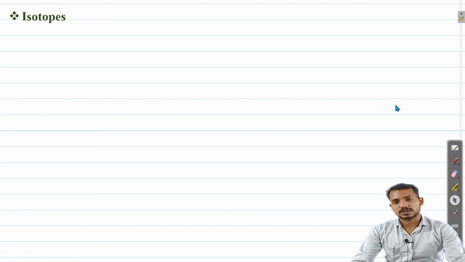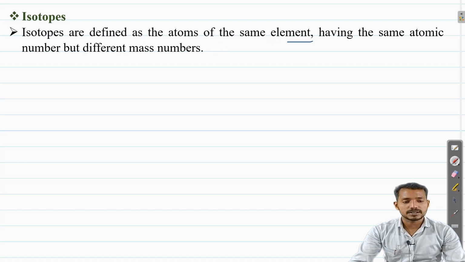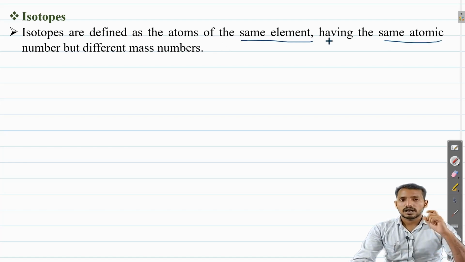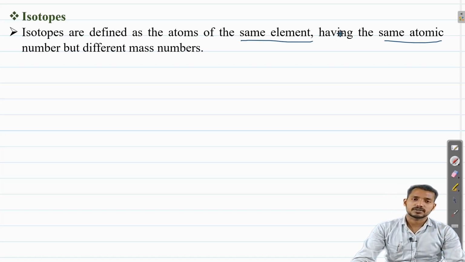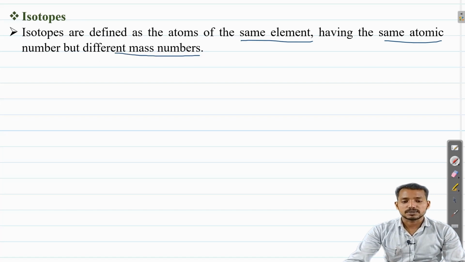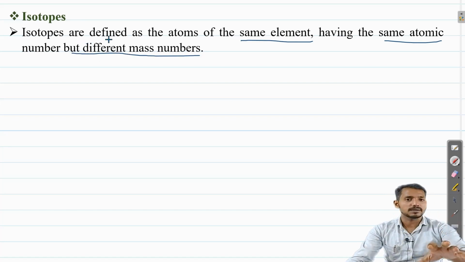What are isotopes? Isotopes are defined as the atoms of the same element having the same atomic number, because if the atomic number is the same, the element will be the same, but different mass numbers. What does it mean?